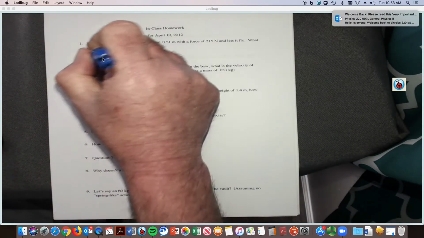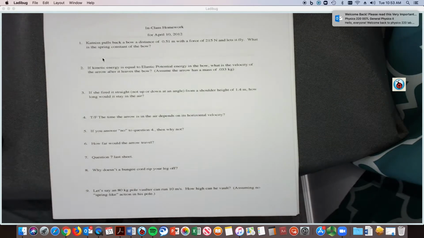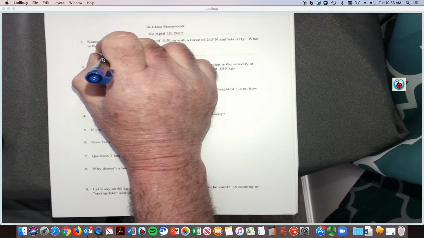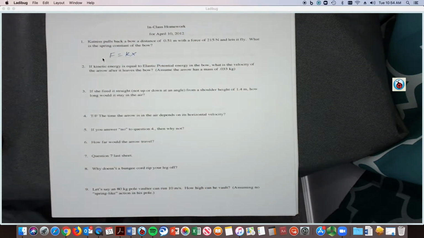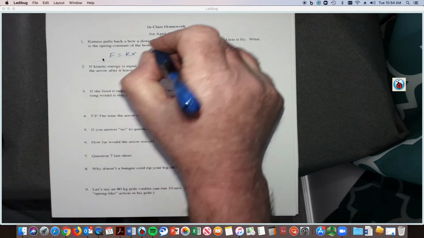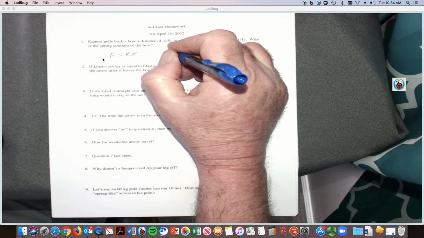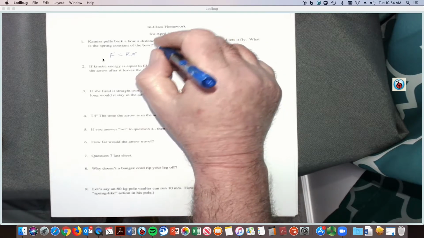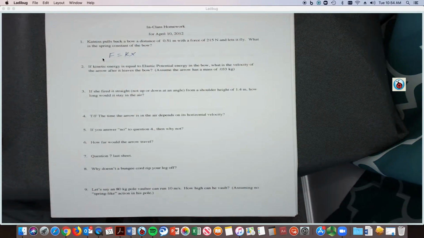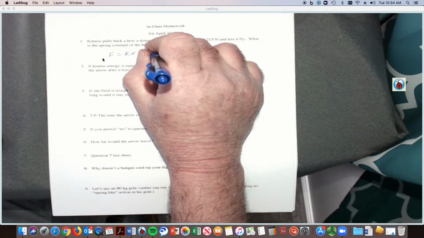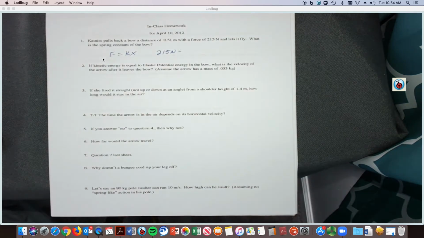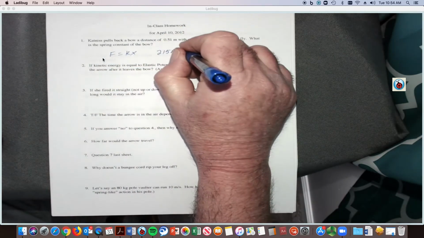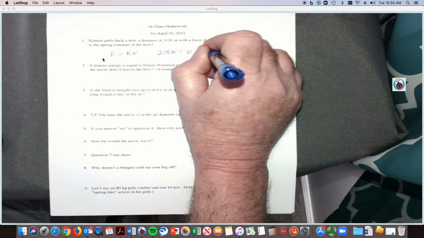So on this first problem, and I'll send you the work on this, you've got F equals kx. Remember that guy? So if you pull on that with a force of 215 newtons, that is equal to K times 0.51 meters.